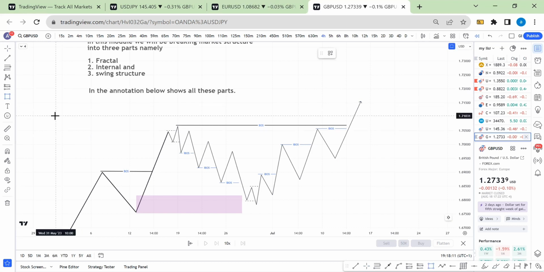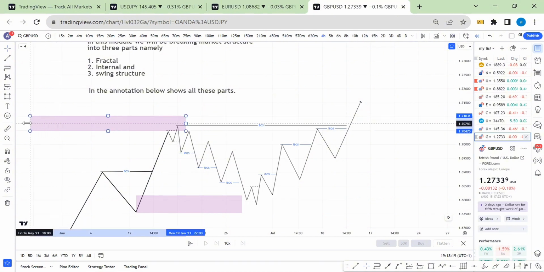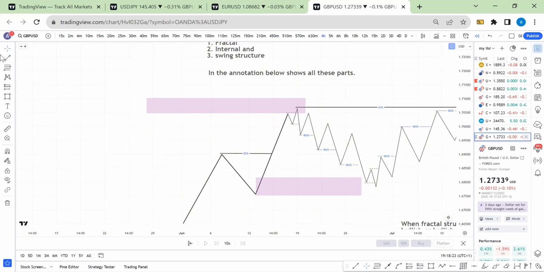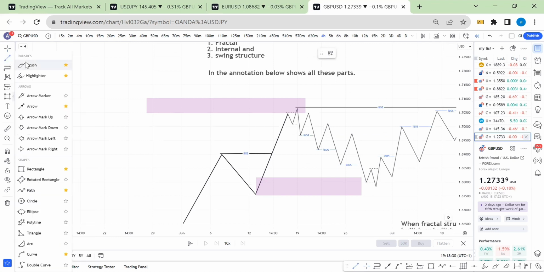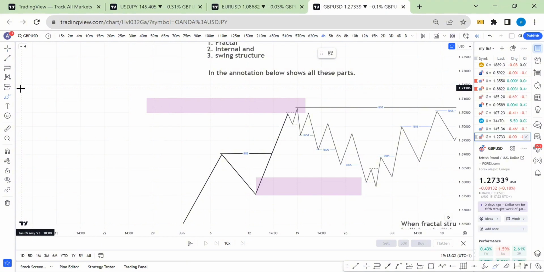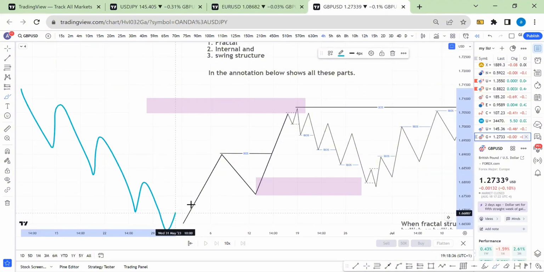For example, let's say you have some sort of higher time frame zone here from the left. Let me use the brush to explain it. Let's say the structure was coming like this before this part formed, then we switch like this.